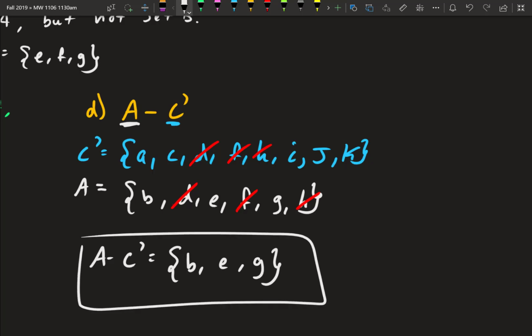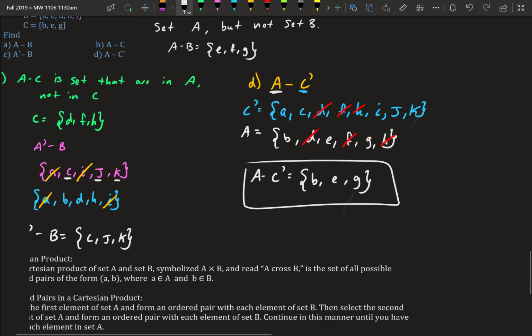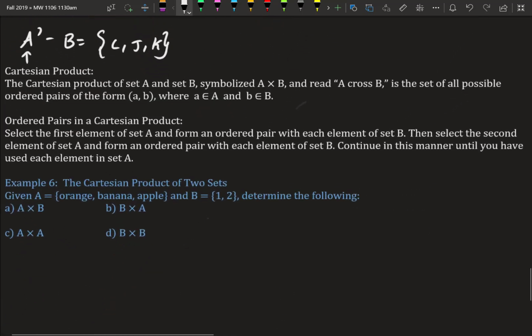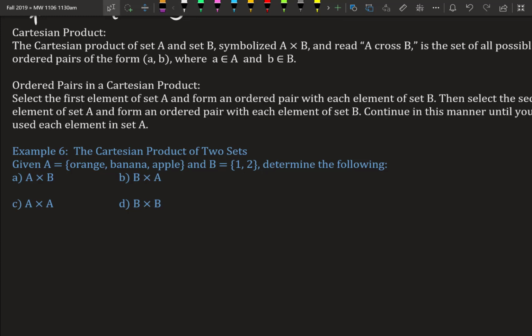Alrighty. Cartesian product. The Cartesian product of set A and B, symbolized A times B, is read A cross B. See how I got you there?